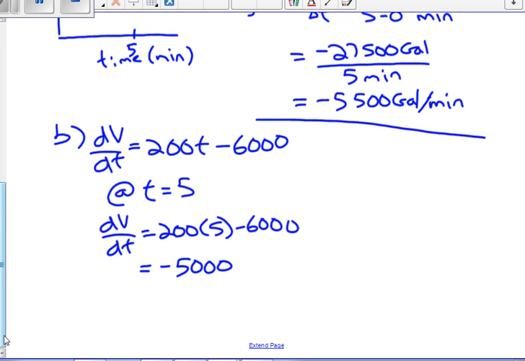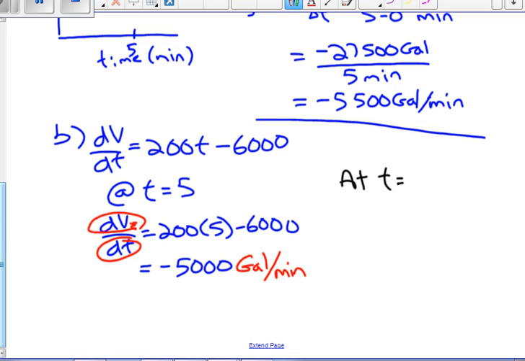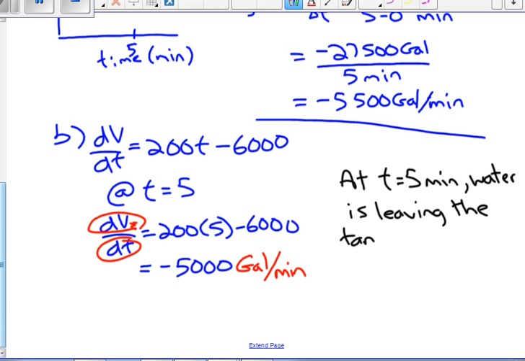But the dV by dt tells us the units. dV would be in gallons, and the t would be in minutes. The fact that it's negative means that the amount of water is decreasing. So if we were to interpret this, we'd say at t equals 5 minutes, water is leaving the tank at a rate of 5,000 gallons per minute.